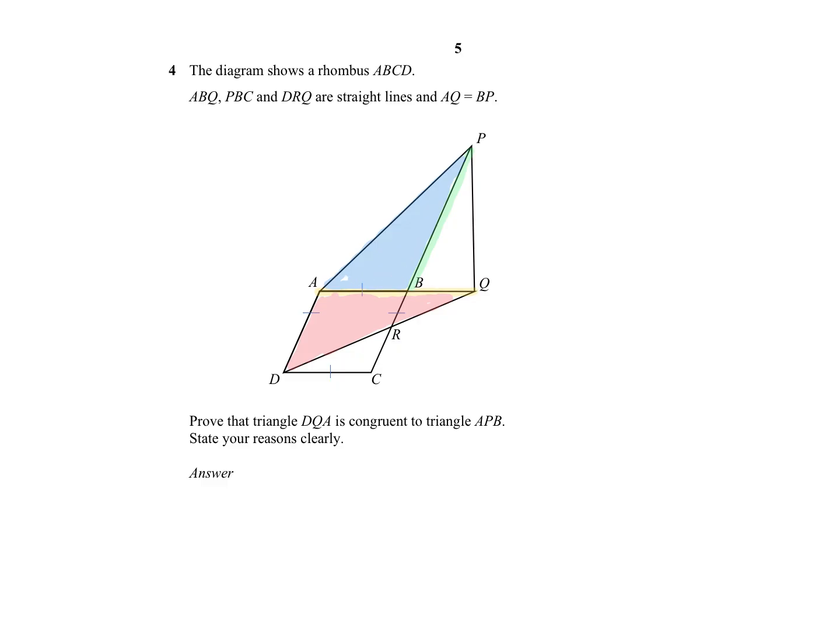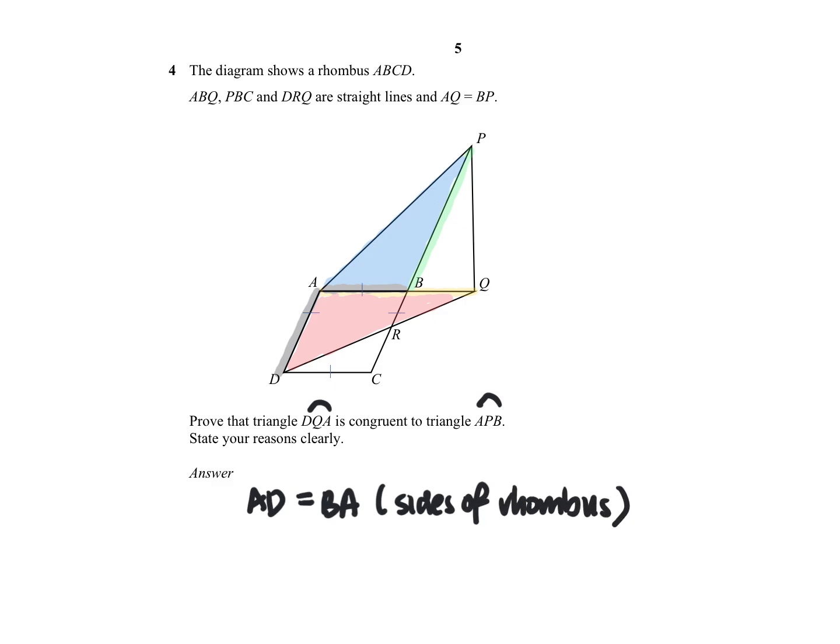First thing first, I know that I have a base that is the same. So I can write that down first. So AD is equal to BA. The order is very important, so follow the same order. This one is sides of rhombus. If you write given, we also accept because they really mark it there that it is the same.